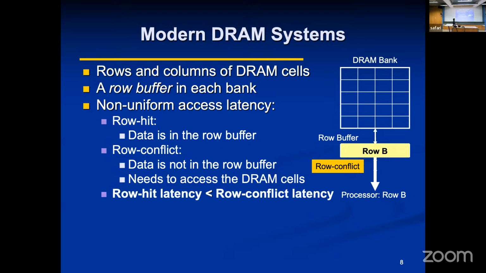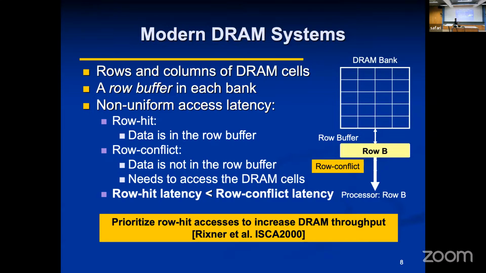The row buffer hit latency is lower than the row conflict or row buffer miss latency, and this opens up a possibility to schedule instructions in a way that exploits as many row buffer hits as possible, because they are serviced with much lower latency than row buffer misses.